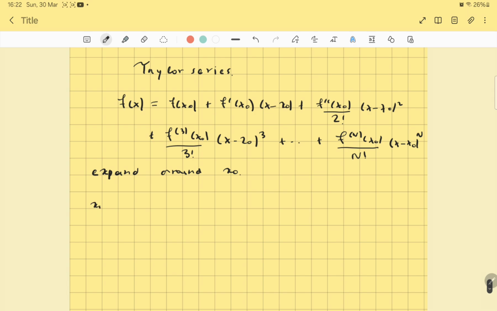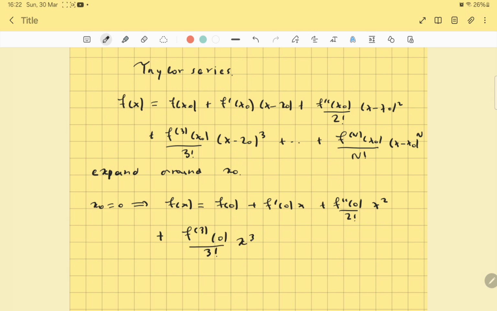If I take x naught to be equal to 0, I get that f of x equals f of 0 plus f prime of 0 x plus f double prime of 0 over 2 factorial x squared plus the third order derivative evaluated at 0 over 3 factorial x cubed plus the nth order derivative evaluated at 0 over n factorial x to the power of n.